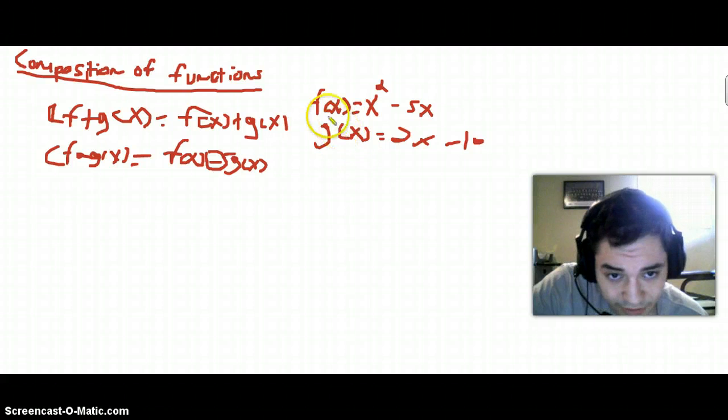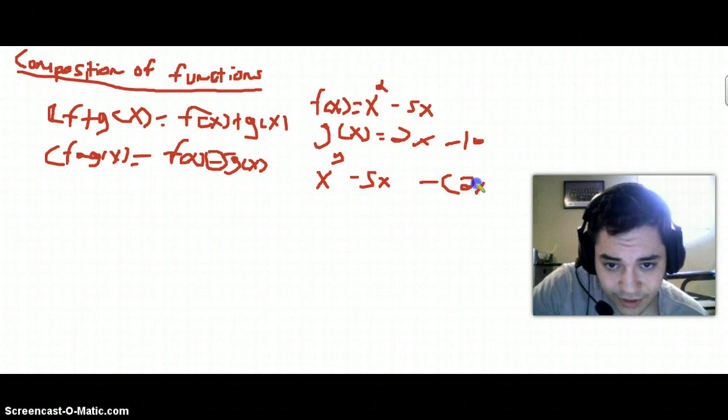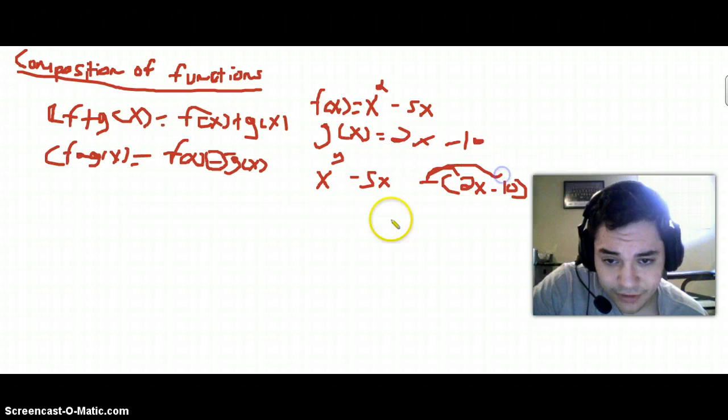So that means basically we're going to do x squared minus 5x, and on the other side we're going to minus parentheses 2x minus 10. Now it's very important that we keep track of this negative sign in front of the parentheses, because it's going to distribute into the parentheses.